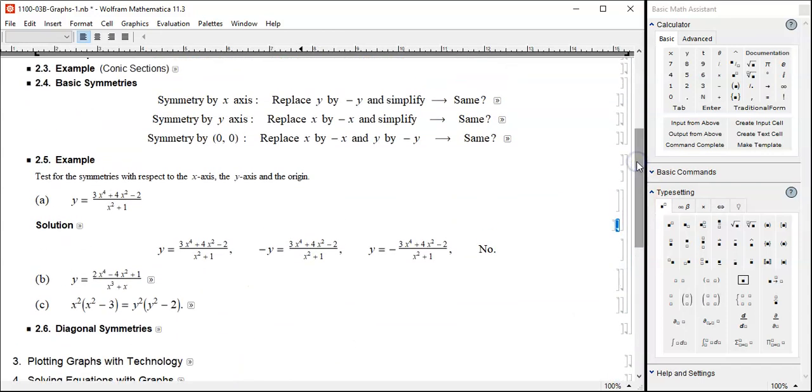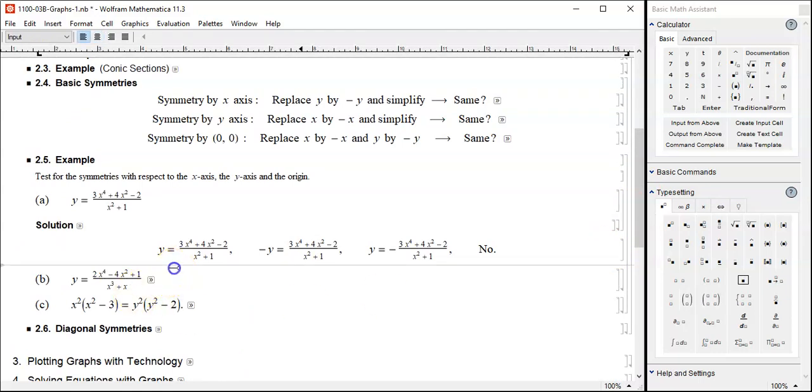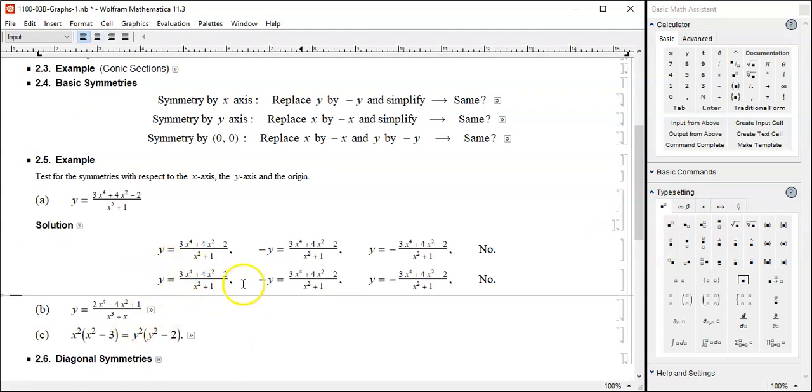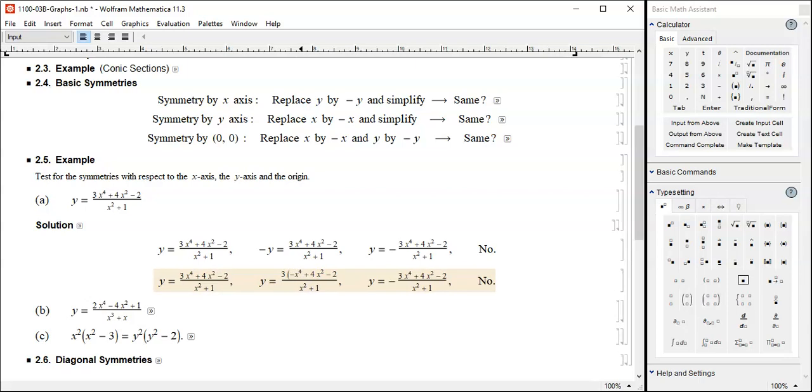How about symmetry by y-axis? Okay, that's the original. And replacing x by negative x, so I'm plugging negative here. And then here we have negative x. And here I have negative x. And then you get the same thing here.